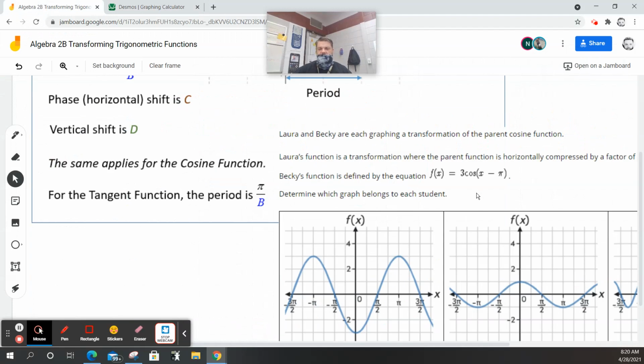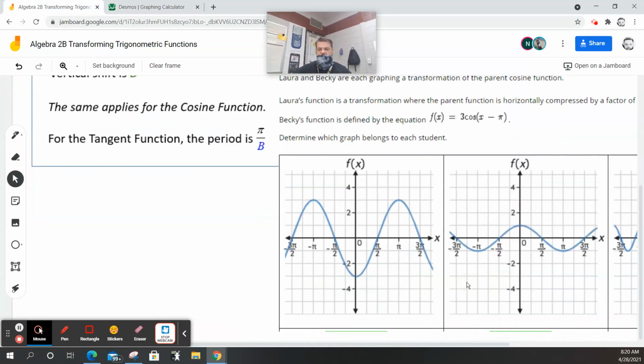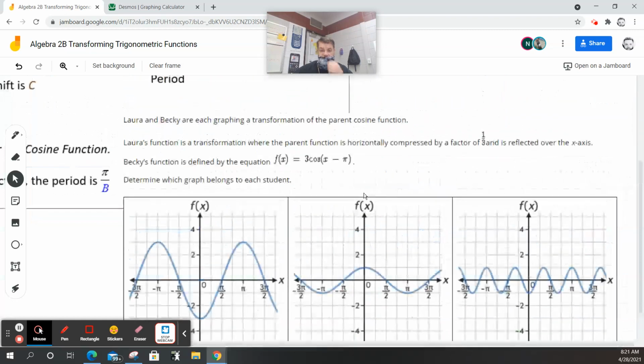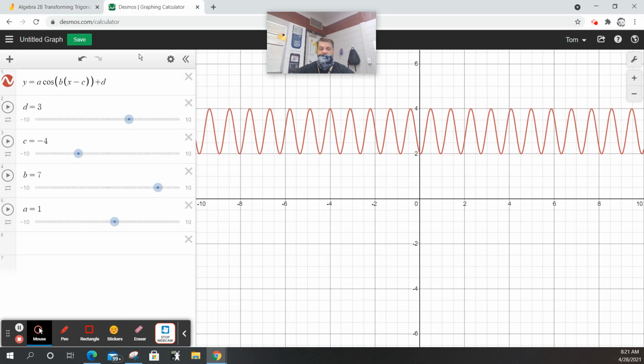So now let's go back and look at what Laura and Becky are doing. Laura and Becky are graphing the transformation of the parent function. Well, A increases the amplitude. So Becky's function, this 3 times cosine, I'm pretty sure it's this one right here because the amplitude goes up to 3. Now I can verify that. A is 3.